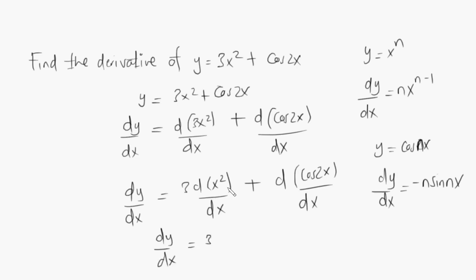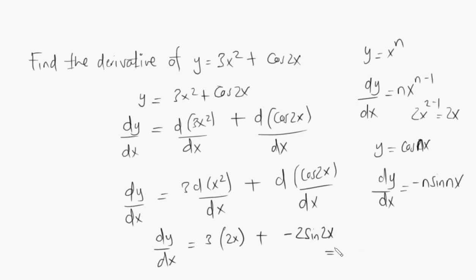So my dy dx now is just 3 times, here it means if n is 2, it means just 2x to the 2 minus 1. 2 minus 1 is 1, x to the power 1 is x, so 2x. So here I will remain with 2x plus here I will remain with negative 2 sine 2x. So that's my final answer.